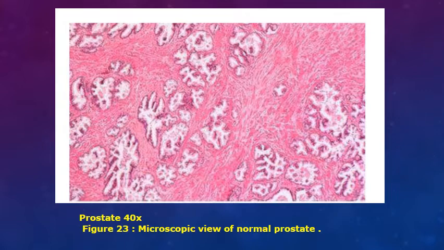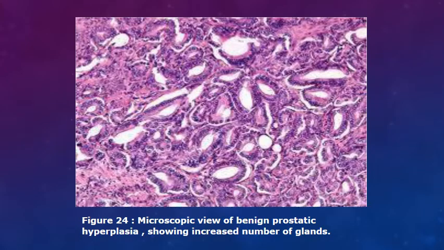This is a microscopical view of the normal prostate. Here you see the prostatic glands and the stroma in between the glands with the muscle. Look at here, it is a microscopical view of benign prostatic hyperplasia.